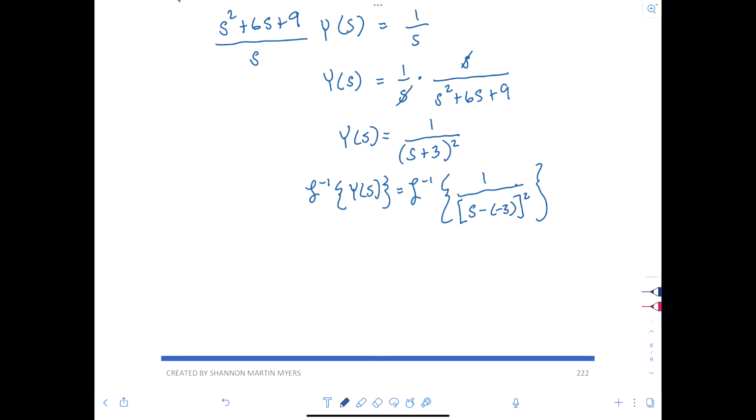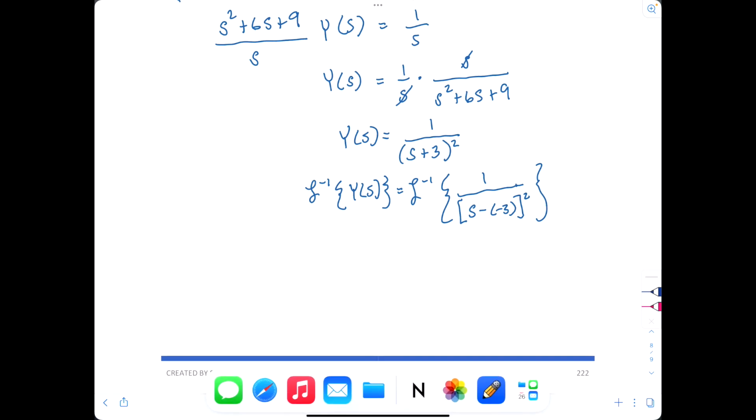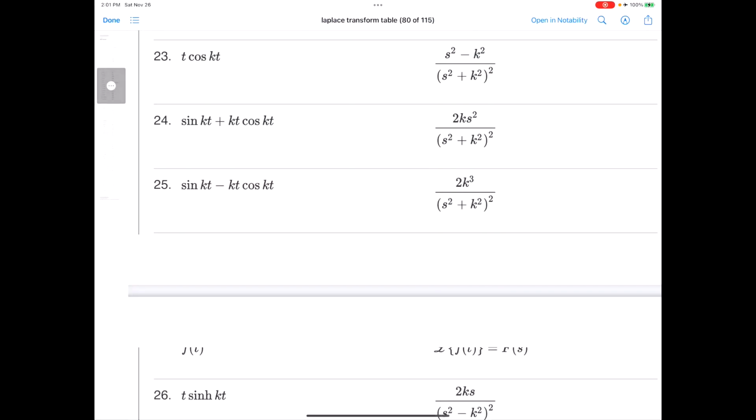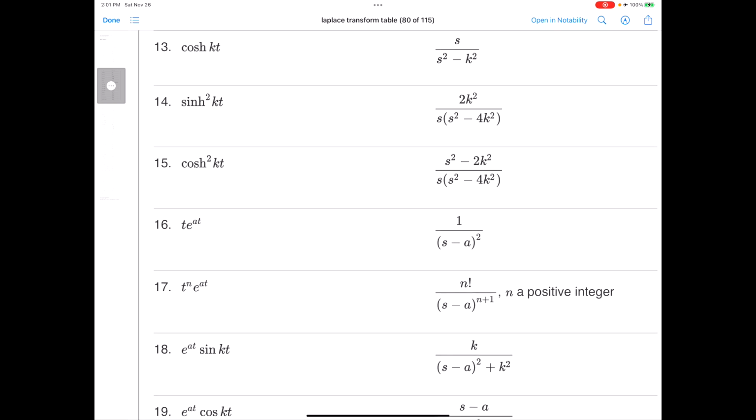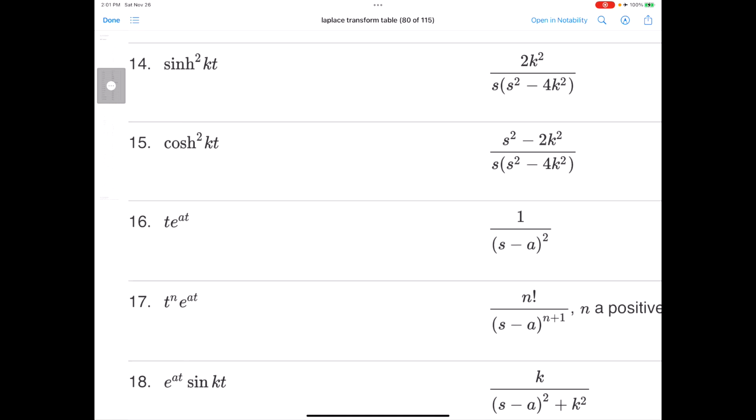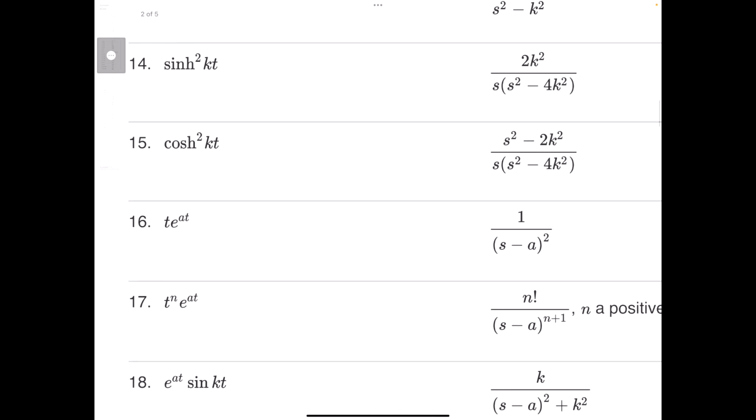So if we go to our table, and you might remember it from something we've seen before, you will see 1 over (s minus a) quantity squared is t e to the at. I'm looking at this guy here, number 16. So my a in this case is negative 3, right?